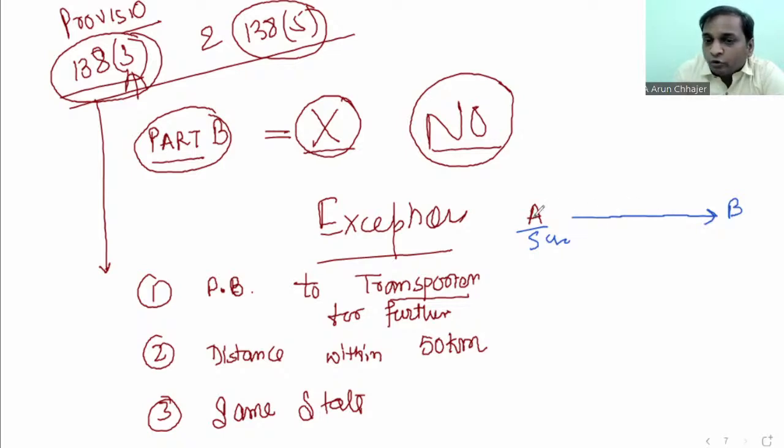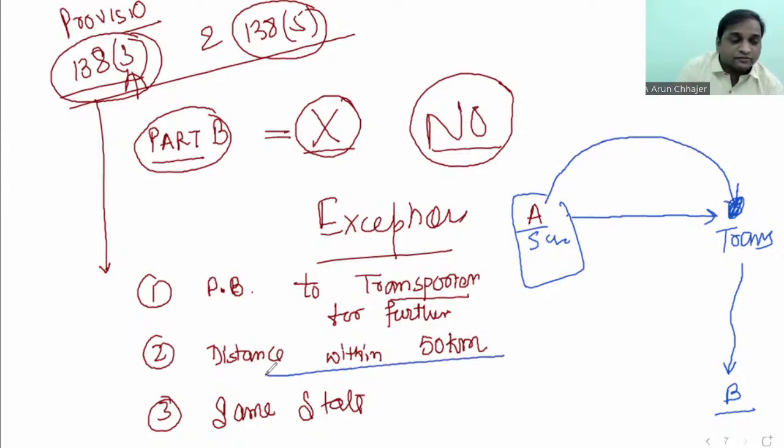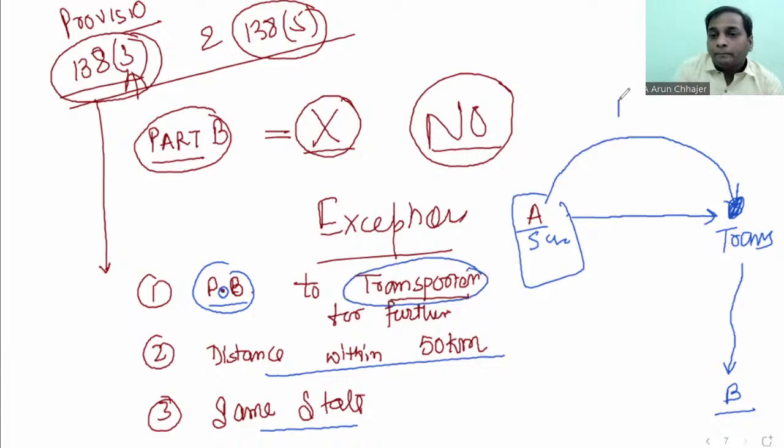But how will he move? A will send the goods first to the transporter, and then the transporter will send the goods to Mr. B. If this is the case, then A can move the goods to the transporter if the distance is within 50 kilometers, same state, and movement is from principal place of business to the transporter place, then Part B is relaxed.